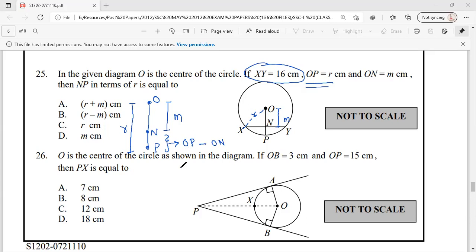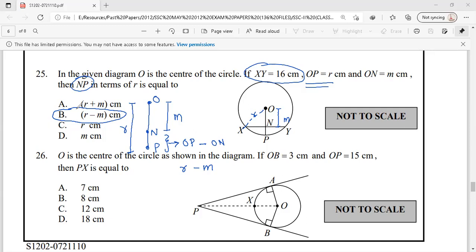OP is R and ON is M, so R minus M will be the side NP. So option B is the right answer.